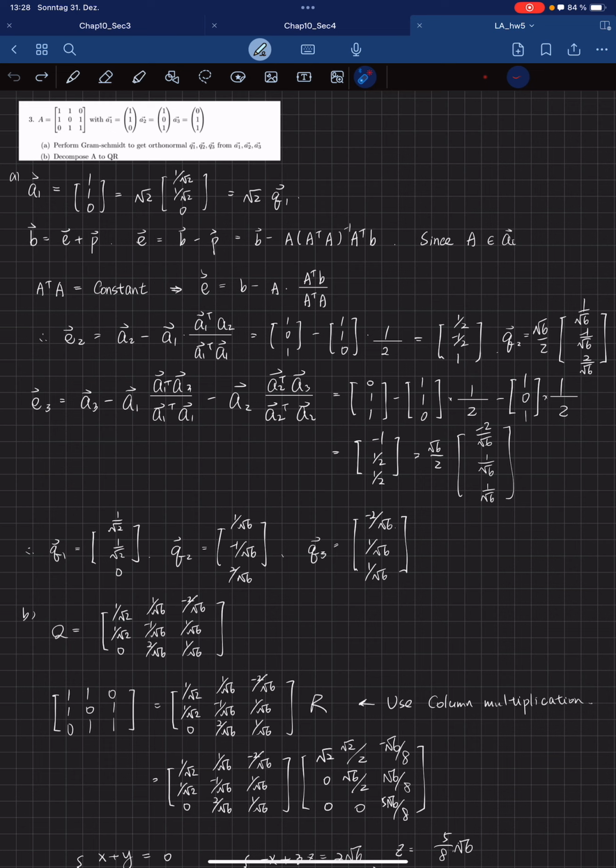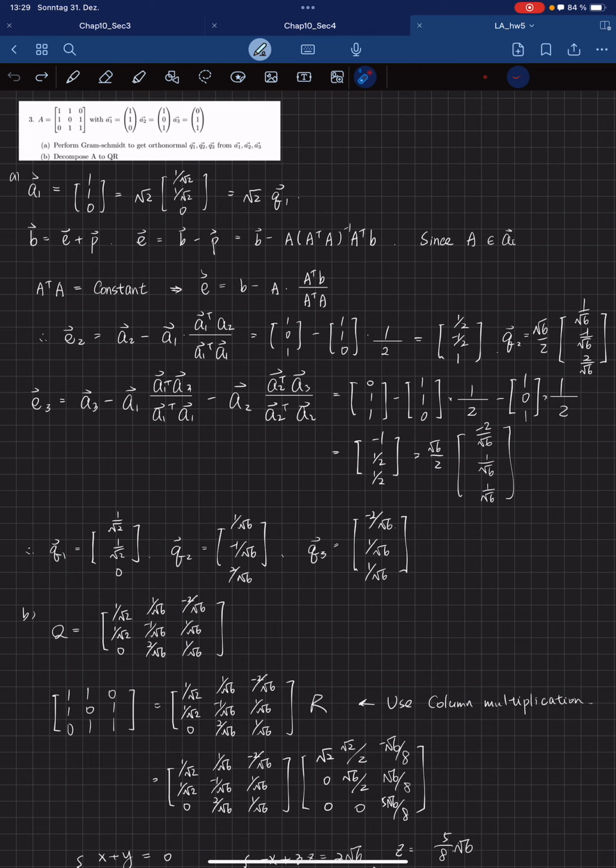Now, with A2 and A3, for example for A2, we'll need to remove the parallel component of A2 with respect to A1, so that our Q2 is orthogonal to our Q1, right?